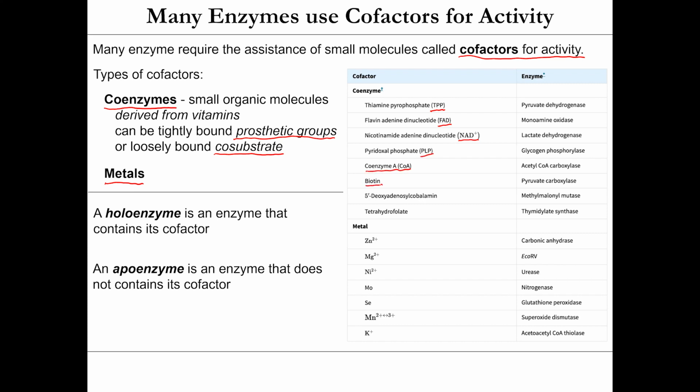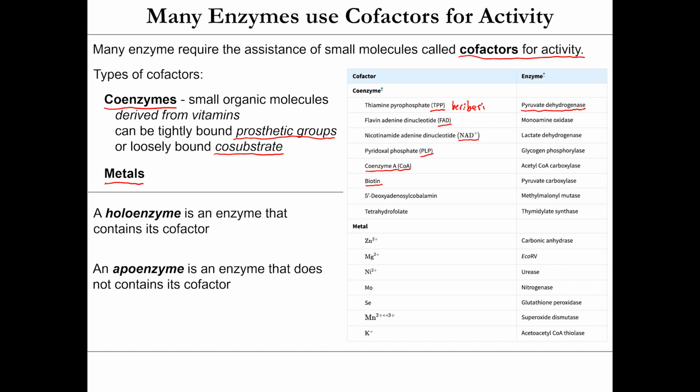These are very common. They're derived from vitamins, and a lot of times vitamin deficiencies cause disease because you don't have these cofactors to catalyze a specific reaction. An example would be beriberi, which is a disease from a lack of a B vitamin that contains TPP, thiamine pyrophosphate, and that causes metabolic dysfunction because pyruvate dehydrogenase is very important in metabolism.